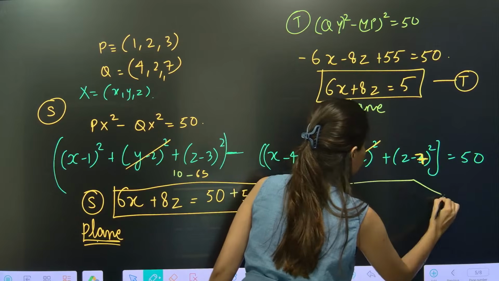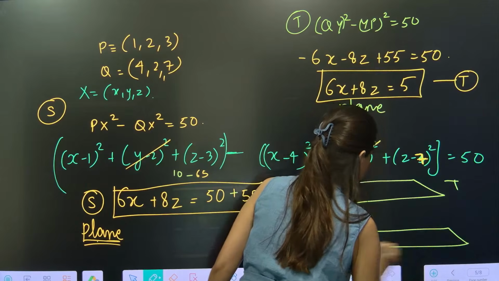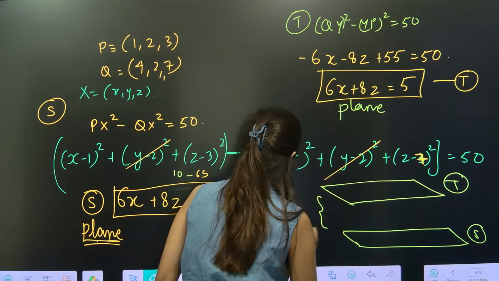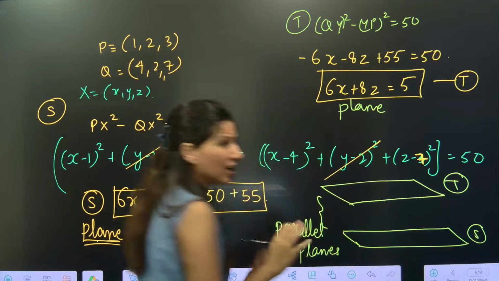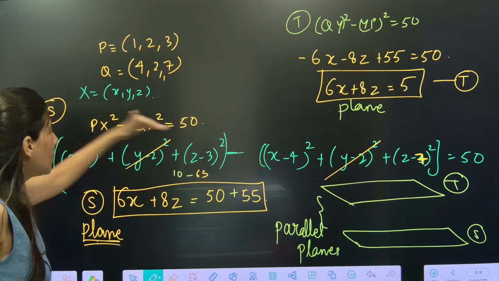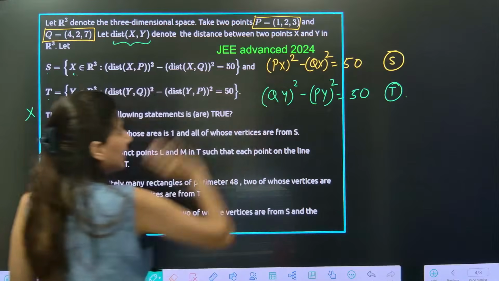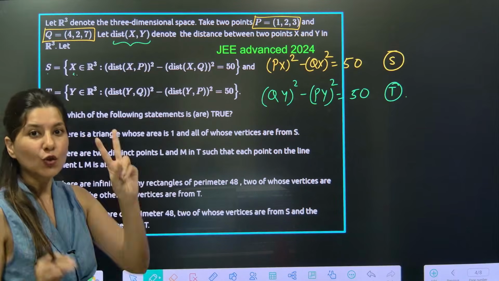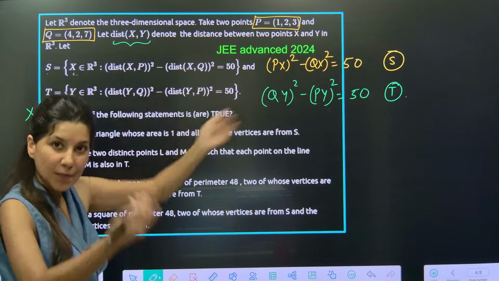This is your T and this is your S. Till now we have done nothing very big, just opened the S set and T set, and realized that there are two parallel planes. The S set has a plane, and the T set has a parallel plane to it.